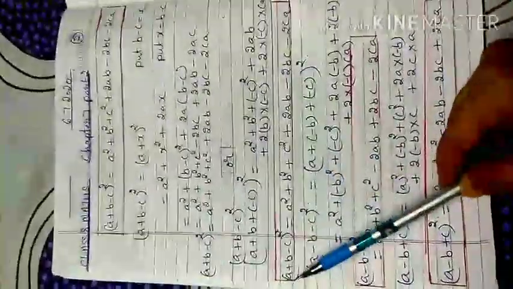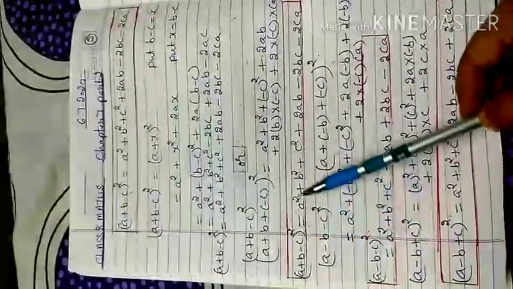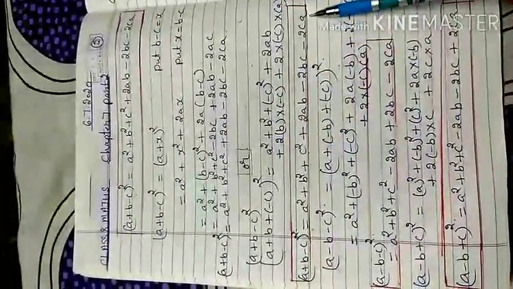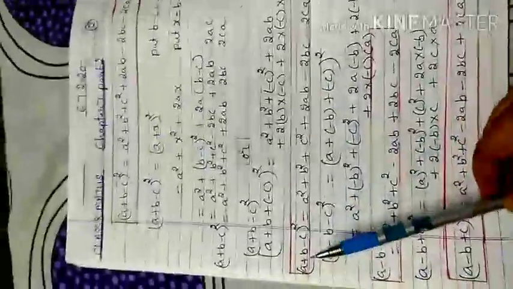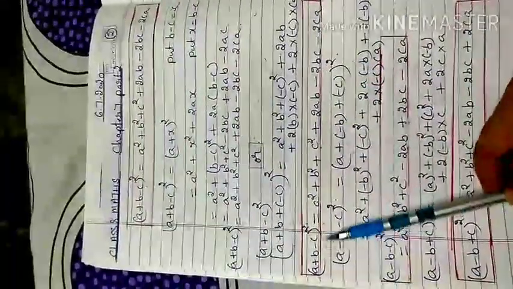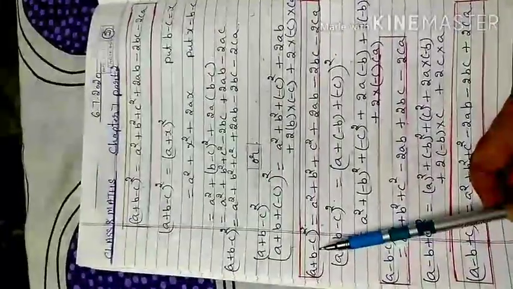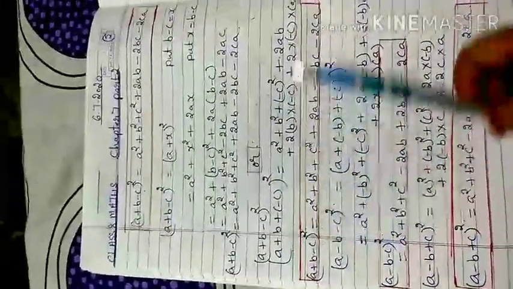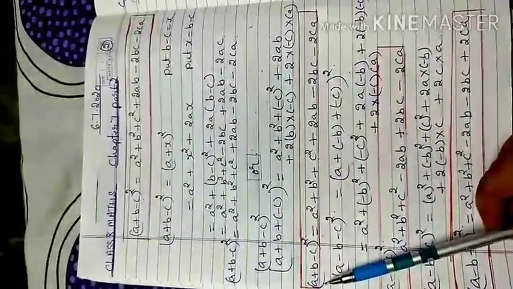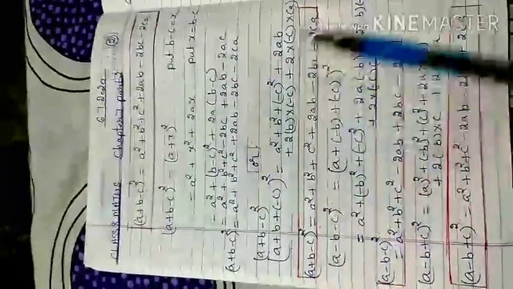So my required formula of a plus b minus c whole square is a square plus b square plus c square plus 2ab minus 2bc minus 2ca. If you look at this, ab is multiplied, so both are positive. If bc is multiplied, the signs are also multiplied, so it is negative. And if ca is multiplied, c is negative, a is positive, and negative and positive multiplied give you negative.